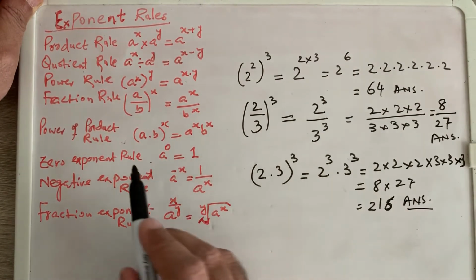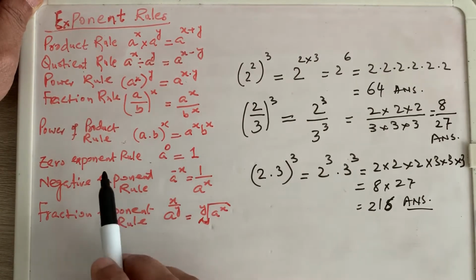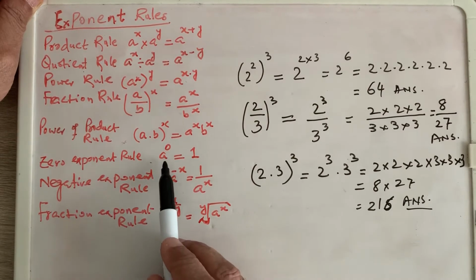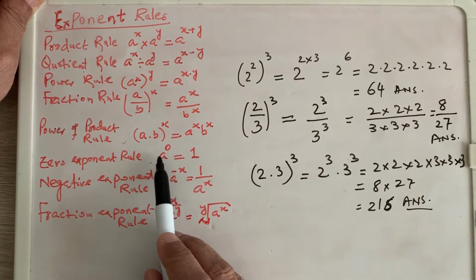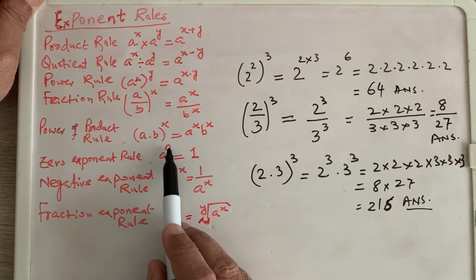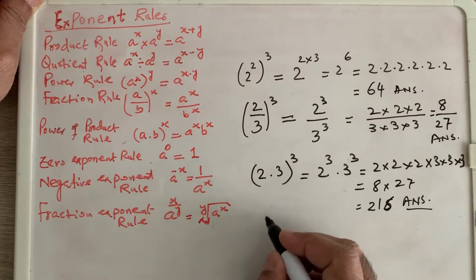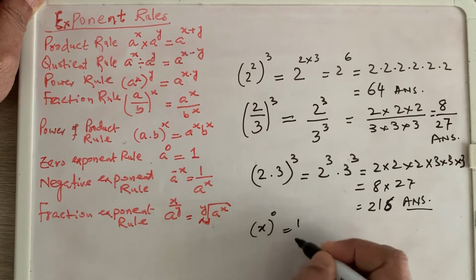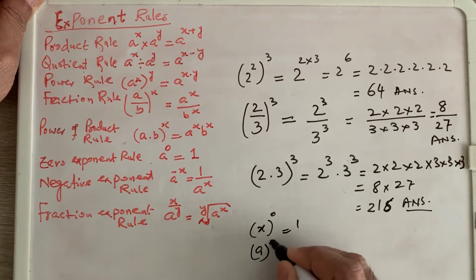Now move on to the next rule. This is the zero exponent rule. Any number, any alphabet, any expression raised to the power 0 is equal to 1. So there is no limitation. If it is x to the power 0, it is 1. If it is a to the power 0, it will be 1.